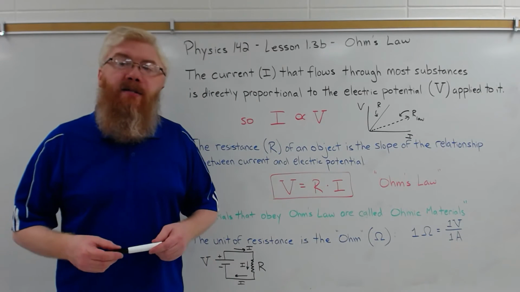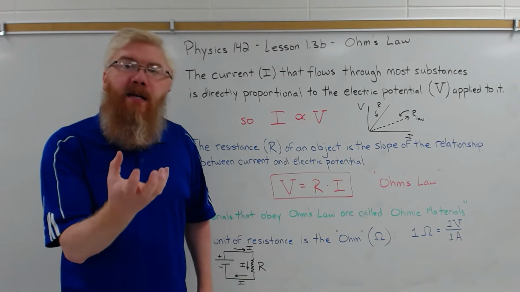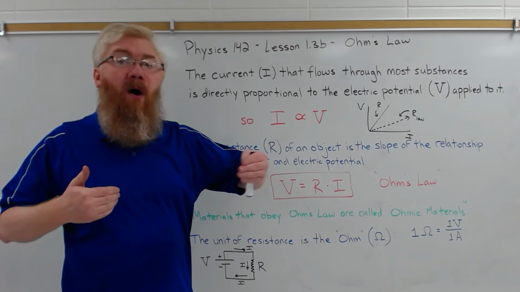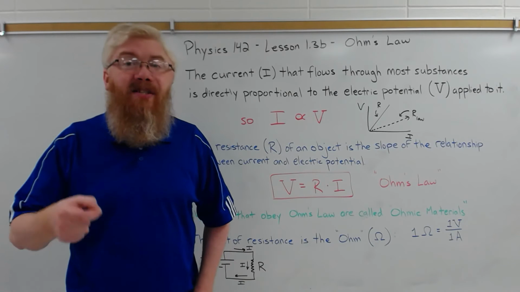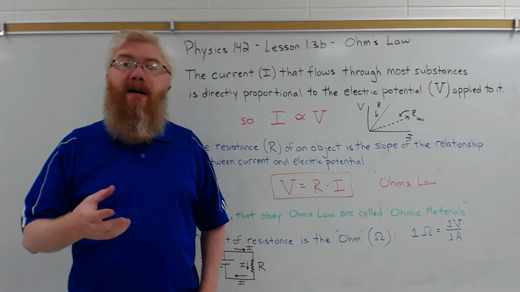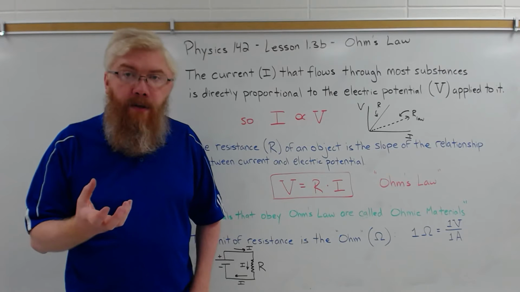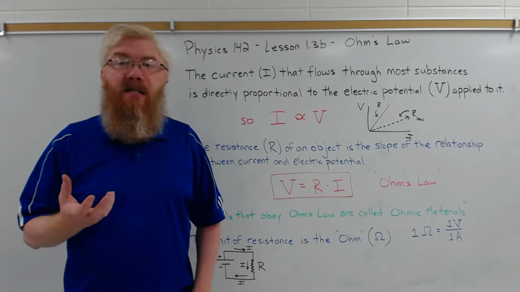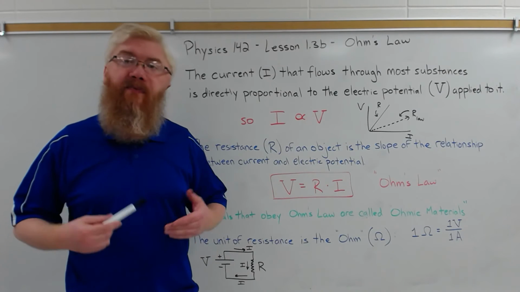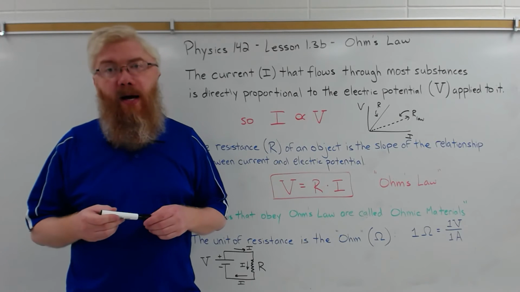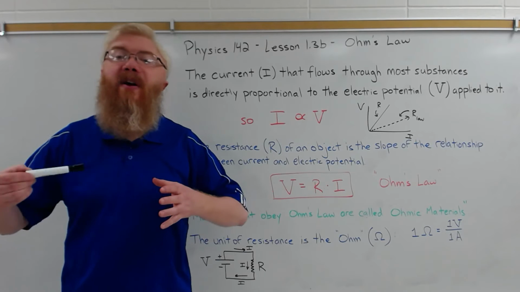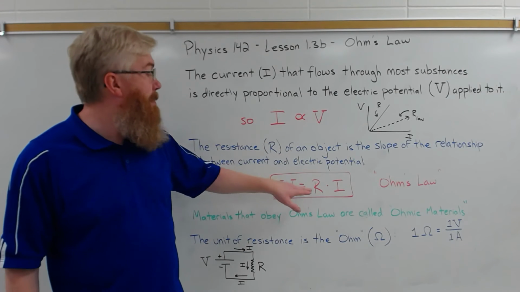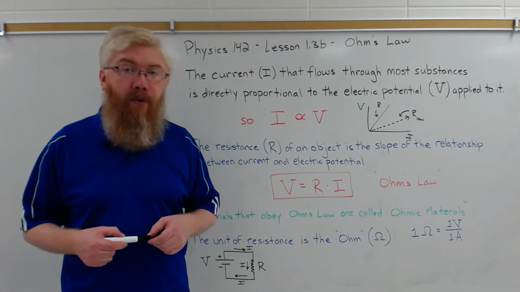So the resistance you can think of as an intrinsic resistance to the flow of electricity in a material. So materials that are insulators, right, have high resistance values. Plastic, for example, has a very high resistance. The air has a very high resistance. So these are things that have very high resistive values, so you need a very high potential to have a current go through them.